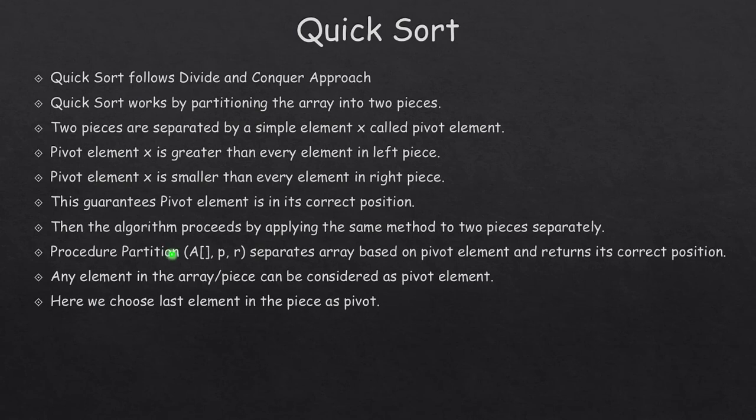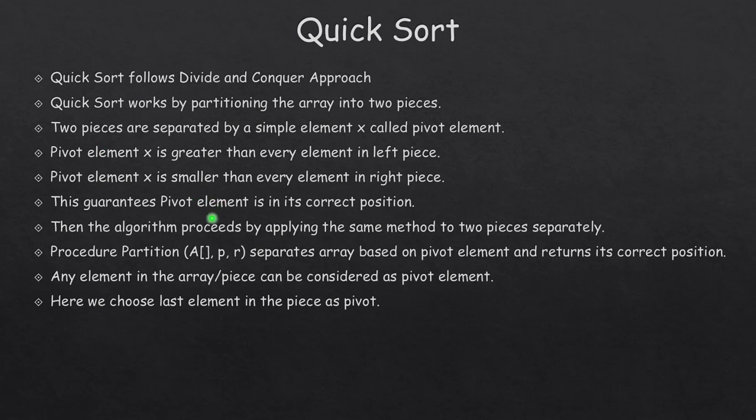So quicksort follows the divide and conquer approach, and the key procedure in quicksort is partition(a, p, r). Let's look at what this procedure does. It will choose the last element in the array as the pivot. Then it arranges the array in such a way that the pivot element goes to its correct position.